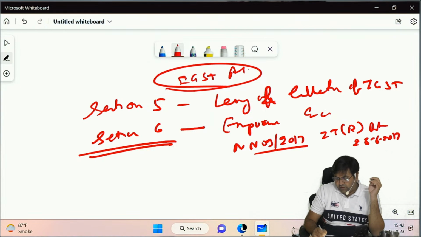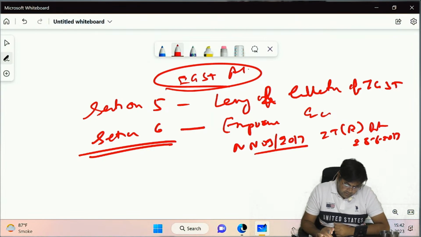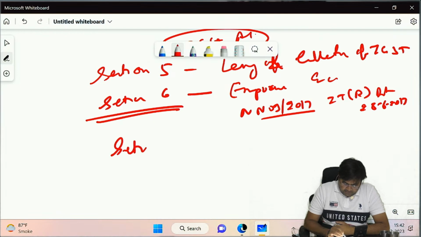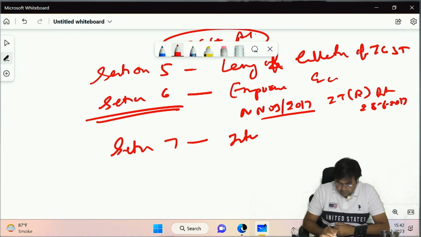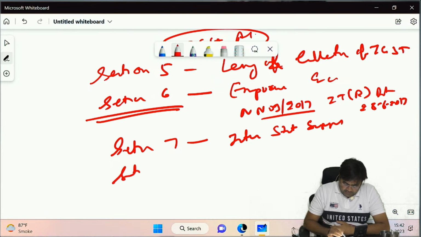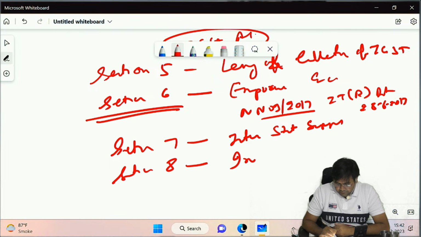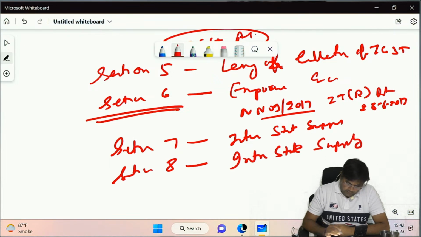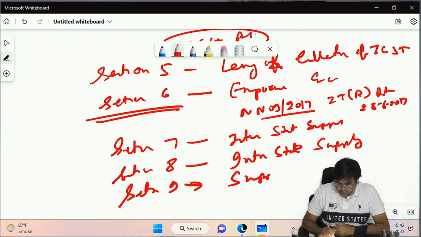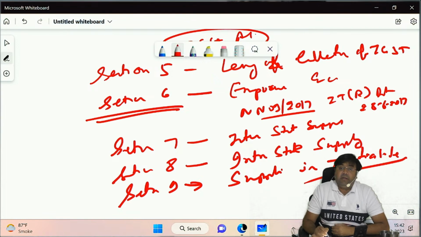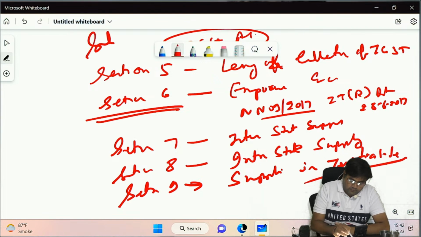We have gone through the exemption list, the mega exemption list. Then section 7 of IGST, interstate supply. Section 8 of IGST, intrastate supply. Section 9, supply in the taxable territory. So these many sections we have seen, apart from the definitions under section 2.